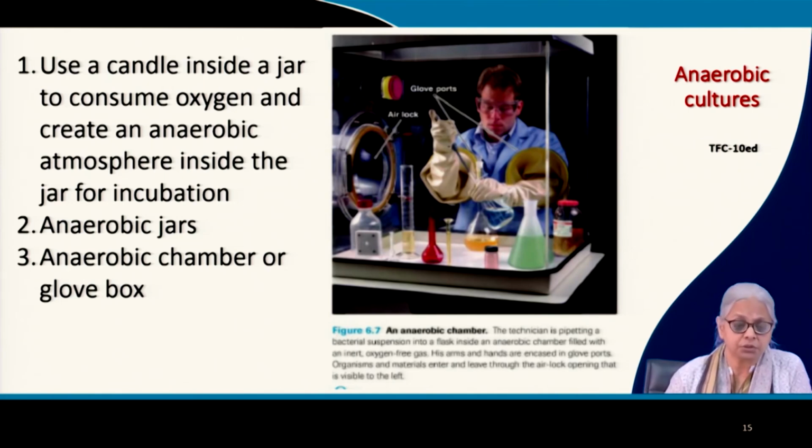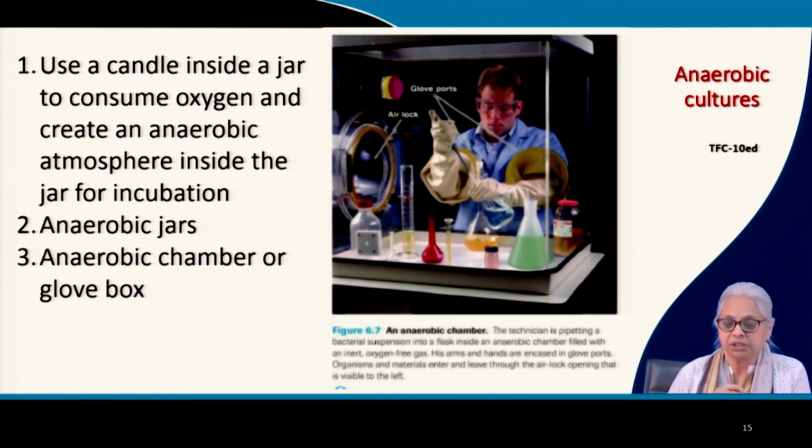The simplest, crudest way of doing it is to take a glass jar, put all the media, whether solid or liquid, inside it along with a candle, burn the candle, and seal the jar. After some time all the oxygen inside the jar will be consumed by the flame and you will get anaerobic conditions. It's a basic, very crude way of doing it, but it's neat and perfectly clear. That is the first one.